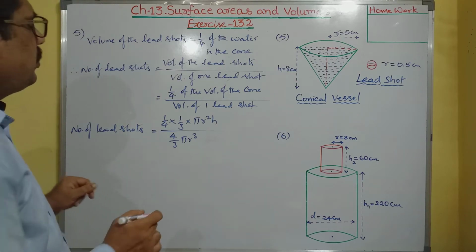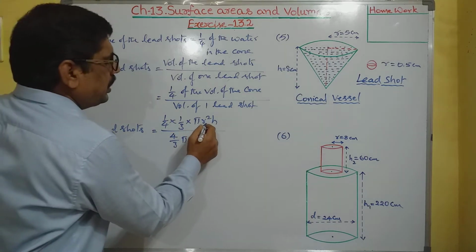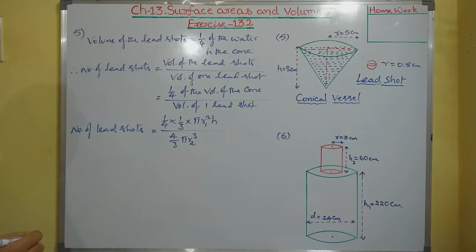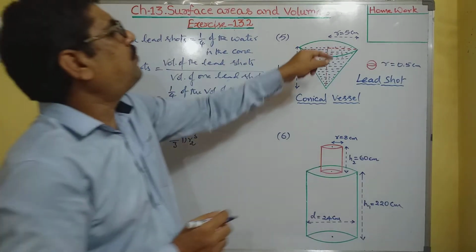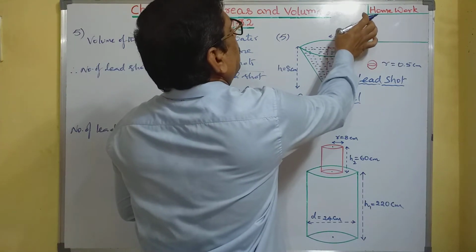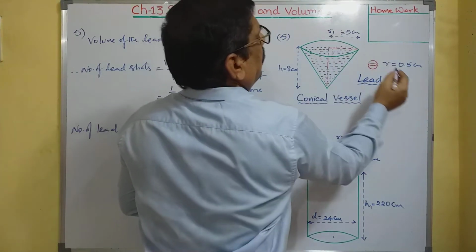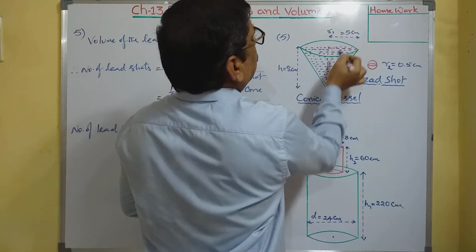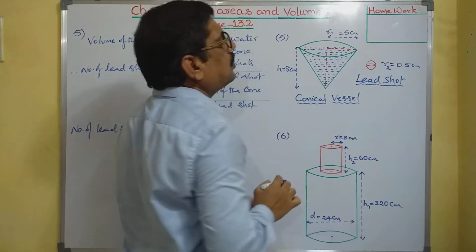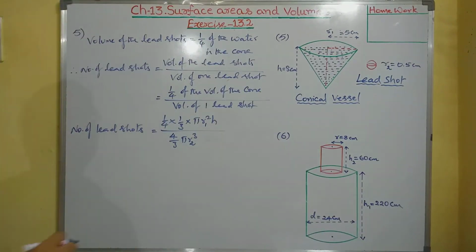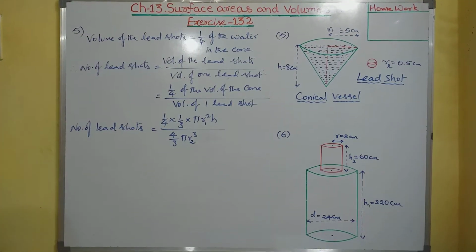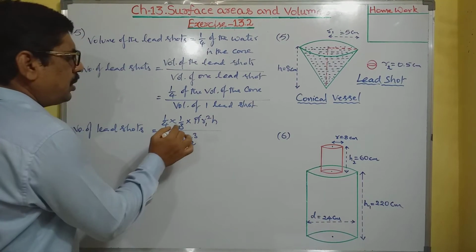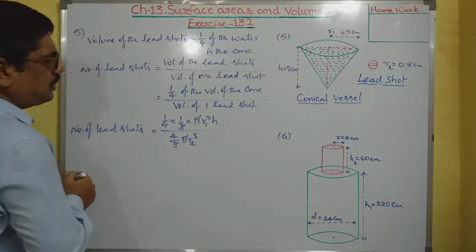Let us take the radius of the cone as r1 and the radius of the lead shot as r2. Now let us cancel pi in the numerator and denominator, and 1 by 3 also.